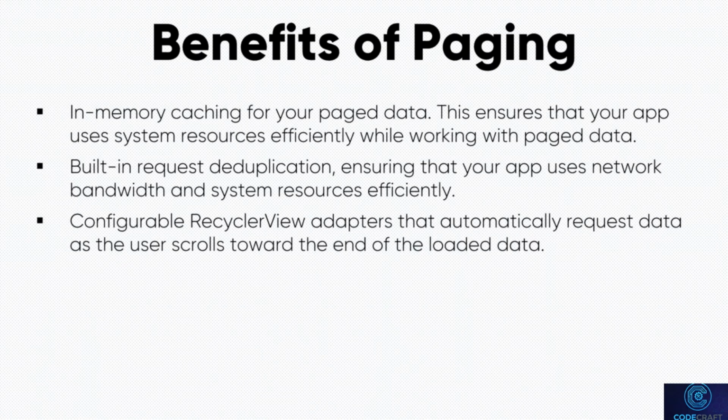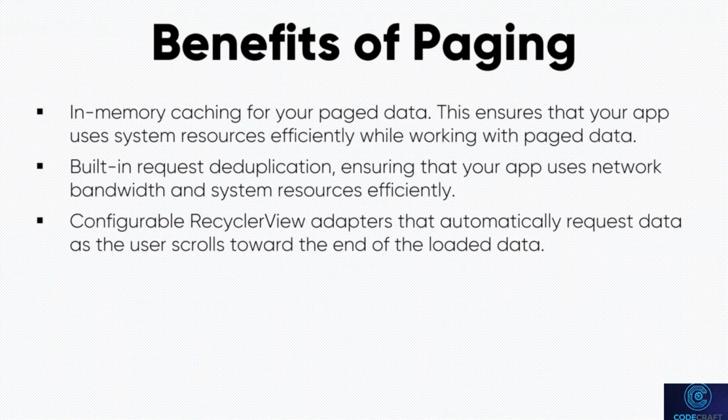Think about that you have a database with 1,000 movies and the user wants to display only the first 20 movies. You are not going to make a request that gets all 1,000 movies in order to download and display only the first 20 movies.